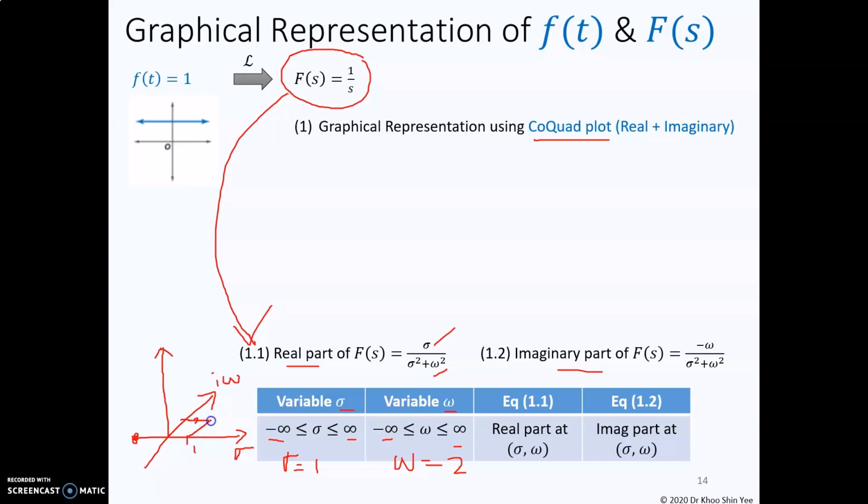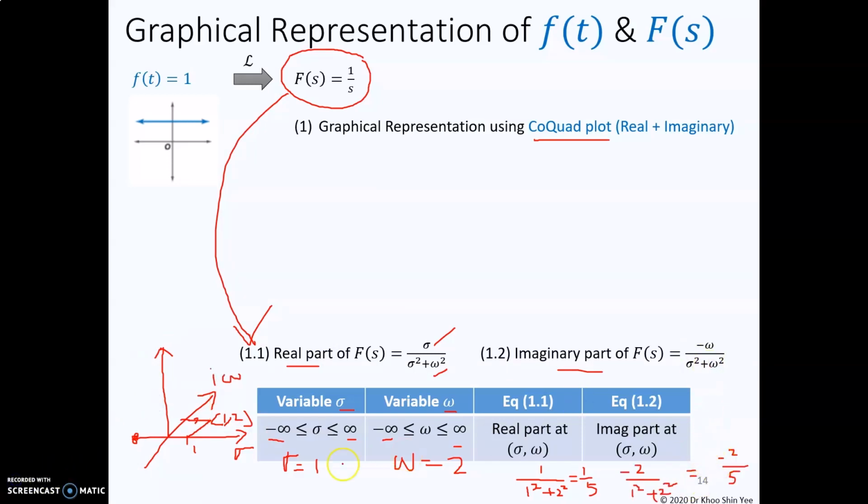This is the point. If you substitute inside, you get the answer to be 1 over 5 for the real part. So if you plot the real part here, you should expect the height for this point at (1, 2) will be 1 over 5.